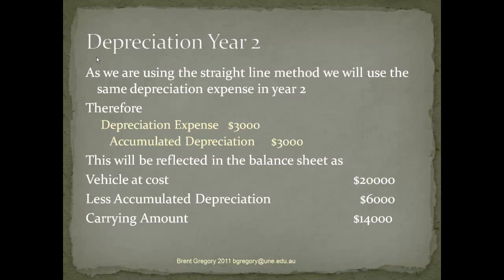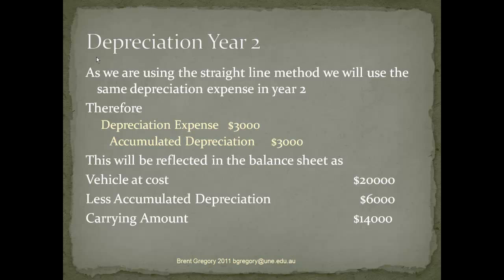But it will look a little different in our balance sheet. We'll still have vehicle at cost $20,000, but now we will have accumulated depreciation of $6,000, giving us a carrying amount of $14,000, which is the $20,000 minus the $6,000. And I guess you can guess year 3 would be vehicle at cost $20,000 less accumulated depreciation $9,000 equals carrying amount of $11,000.